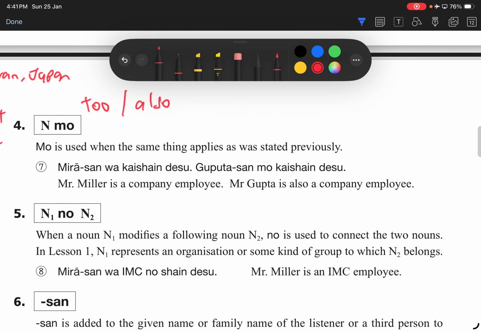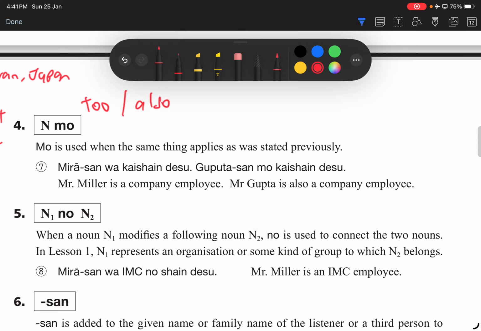So number 7, Mira-san wa kaishain desu. Right? Mira-san is a company employee. Then after that, Gupta-san mo kaishain desu. So Gupta-san mo, right? We are saying he is also a company employee. So you can see mo will replace the particle wa, because it has higher priority.